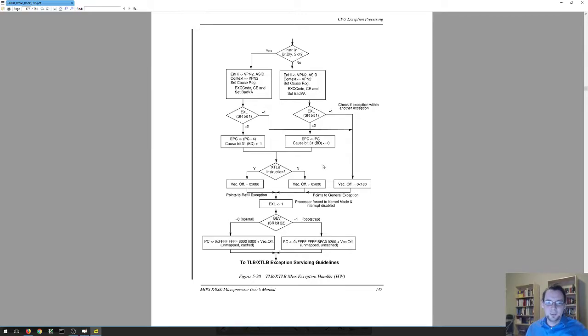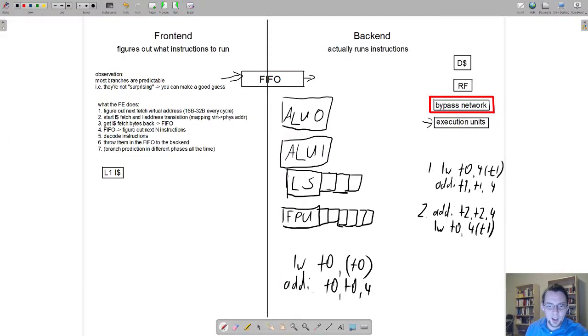There are all these decisions about where even to jump to, and then you need to go to the right address for the exception handler, and then the OS or the firmware needs to do something. And then eventually you go back to resume this flow of execution. So lots of complicated stuff happens on these exceptions.